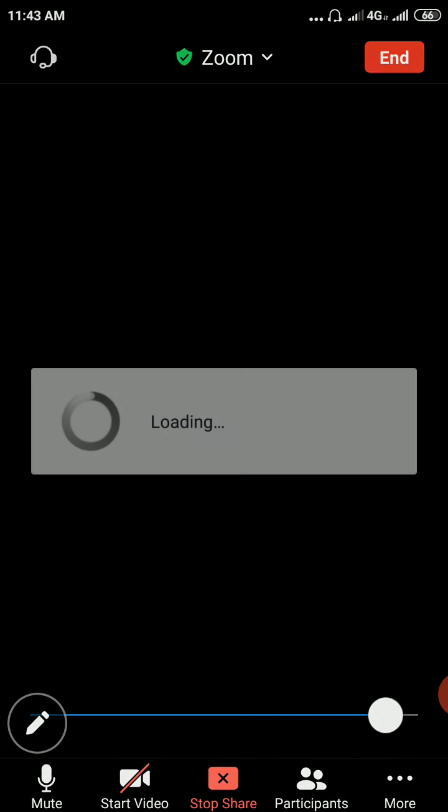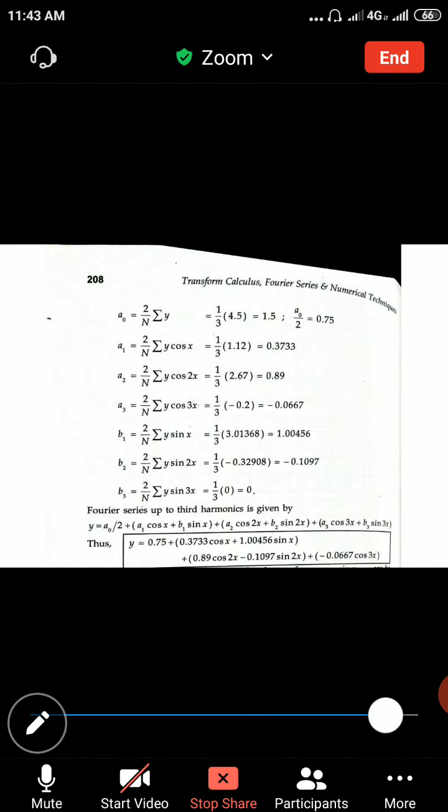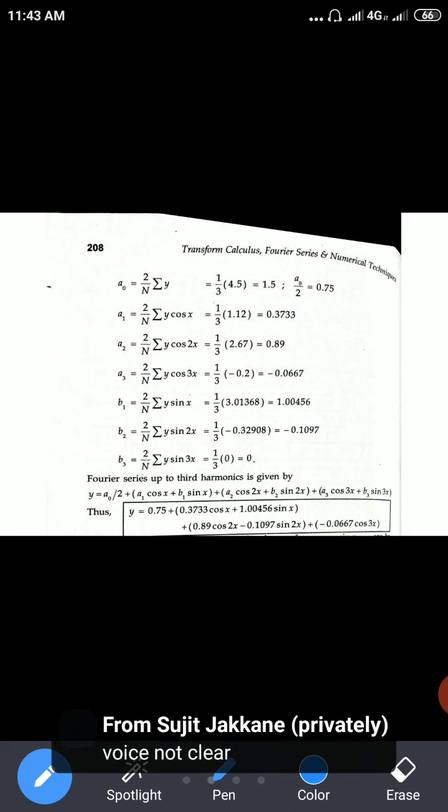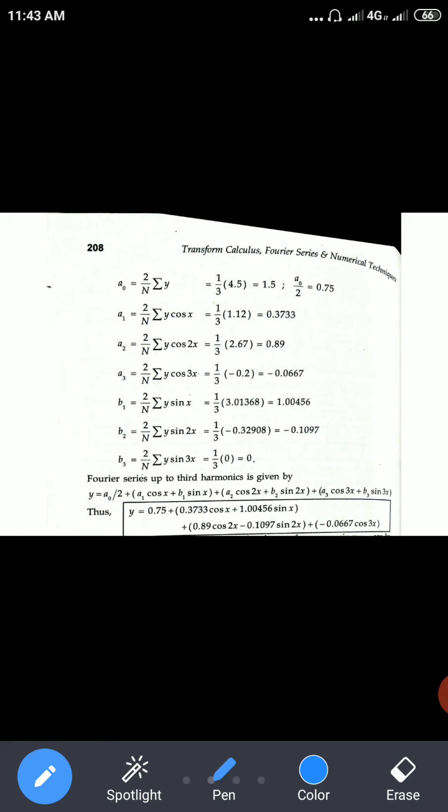So after constructing the columns, you can see the formula. So a naught is 2 by n summation of y, and summation of y is 4.5. So here substitute a naught, a1, a2, a3, a4.